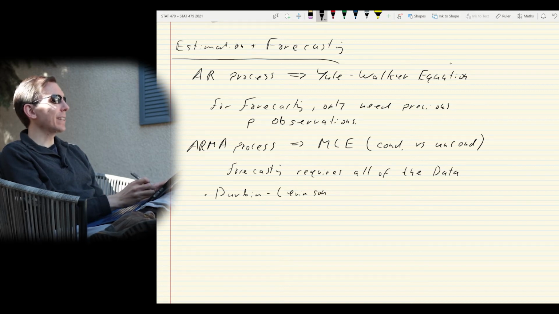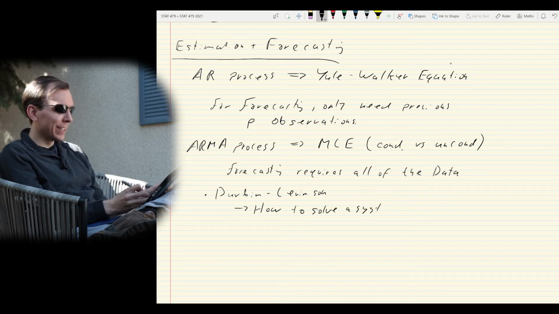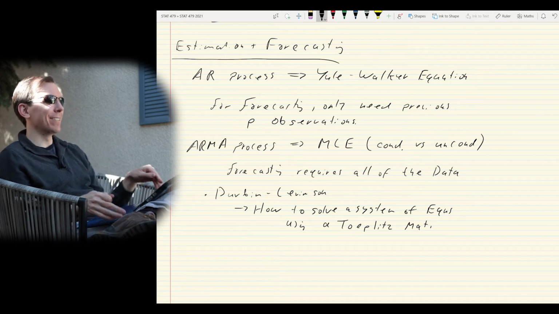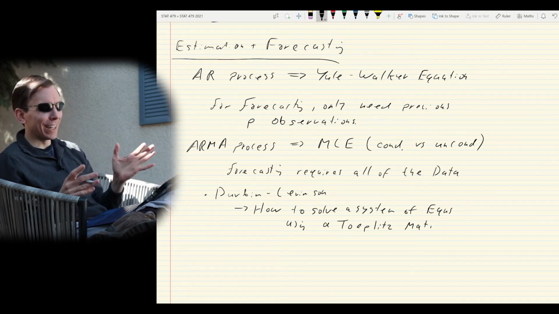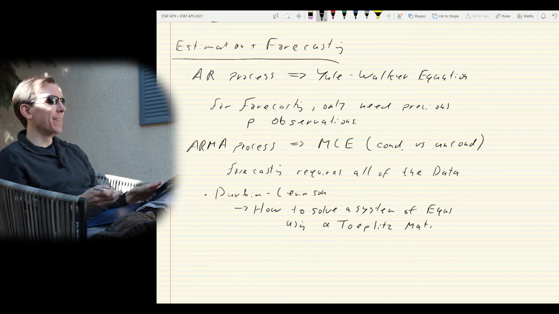Remember, this is basically how to solve a system of equations using a Toeplitz matrix, which has applications in numerical linear algebra as well, and things like numerical ODEs and whatnot, as well as time series. That was one method that we saw.